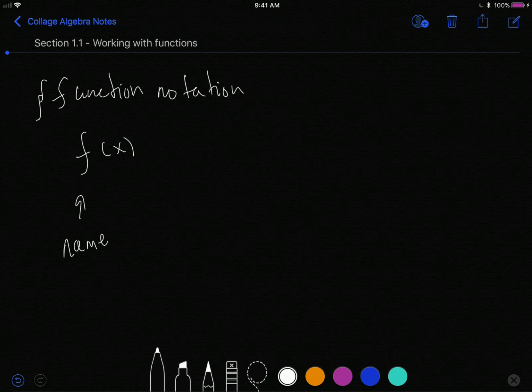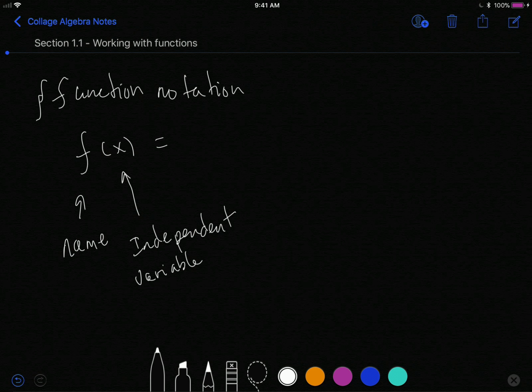Here we say this is f of x, and then we have our independent variable. And then we have what's called the rule or the body of the function.